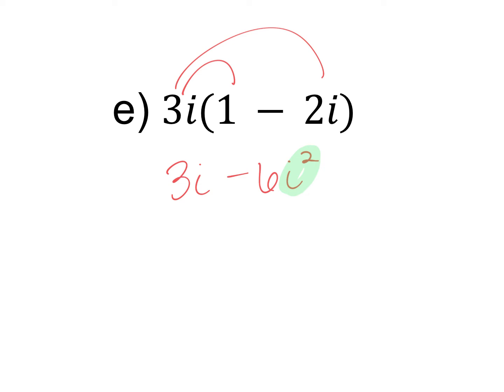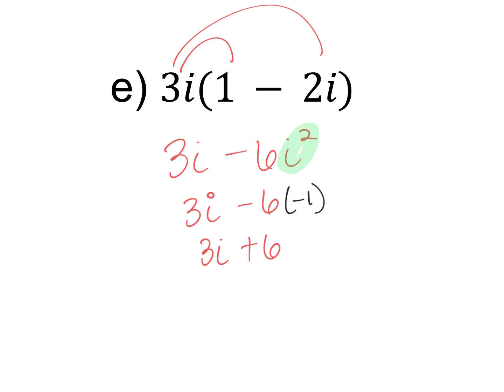So remember, i squared is negative 1. All right, just replace the i squared with a negative 1, which would give you 3i plus 6. And then I'm going to write it the correct way with the real number first. So 6 plus 3i would be your answer.